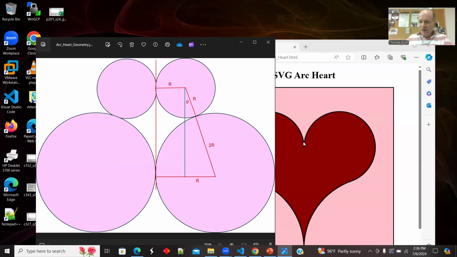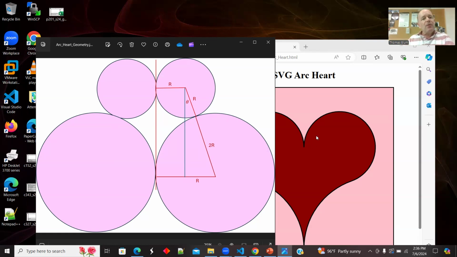So that meant that this break in the heart at the top and the bottom is essentially a vertical. I could have overlapped these circles that you see here and not been quite so deep in the crevice.